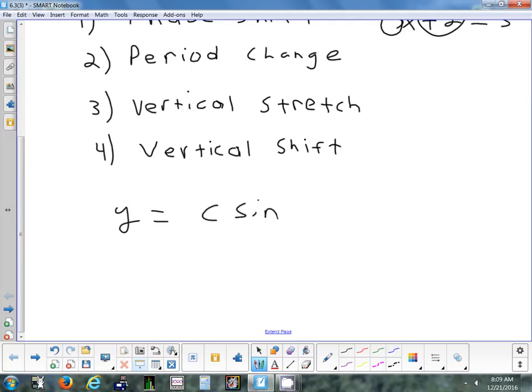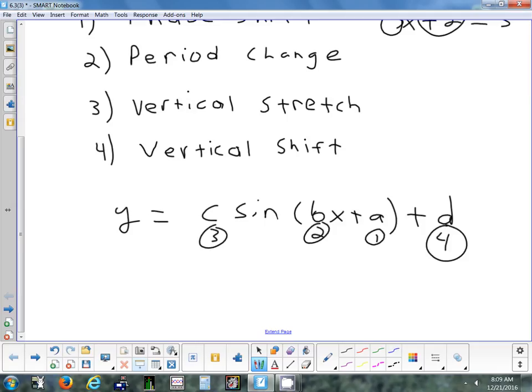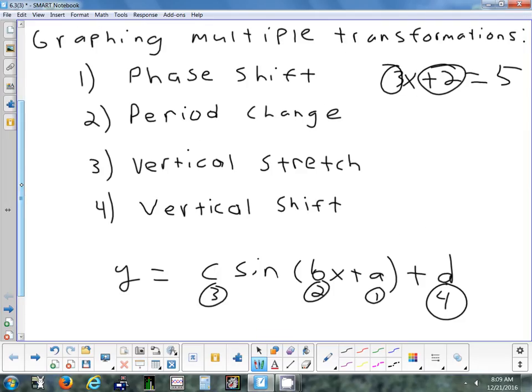It could be sine or cosine. So there's the numbers corresponding to what I just did. So if C is negative, then you also would have a reflection, and that would be over the x-axis. So reflect if necessary.